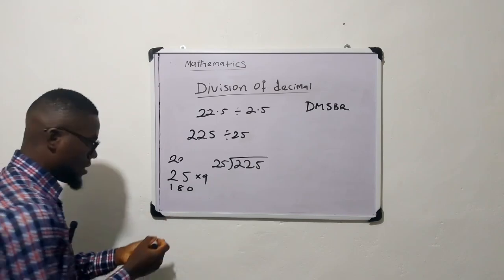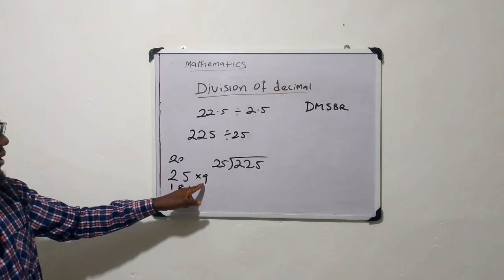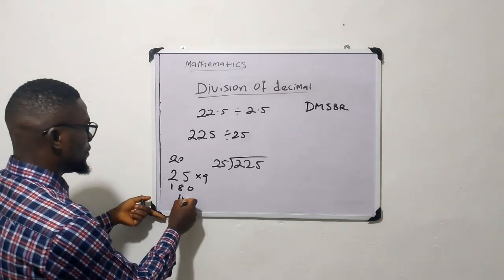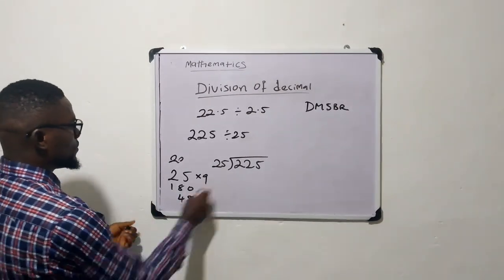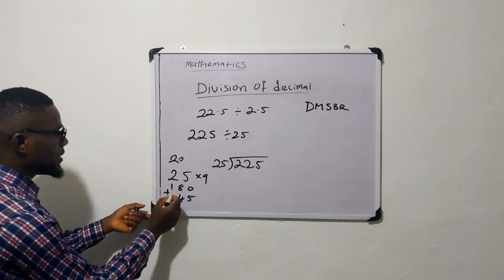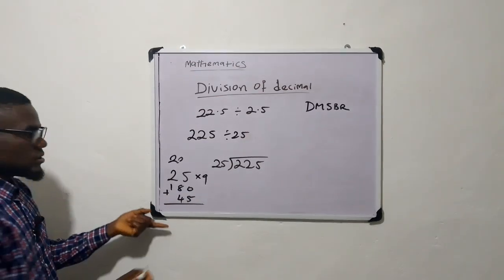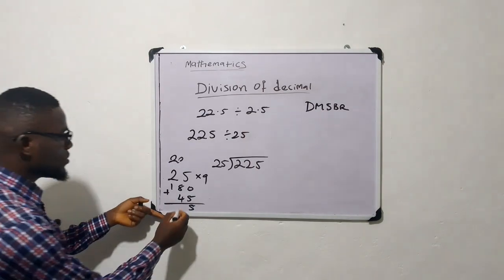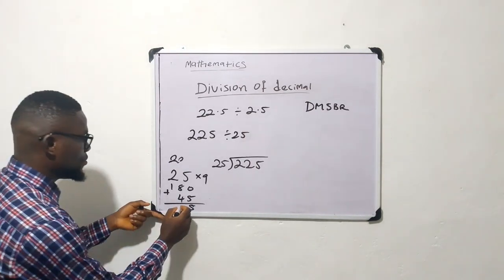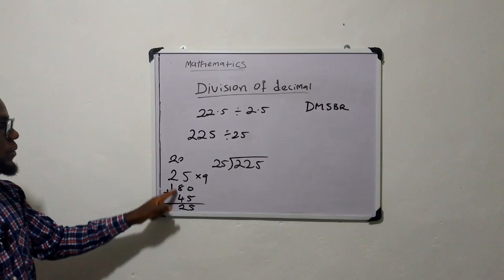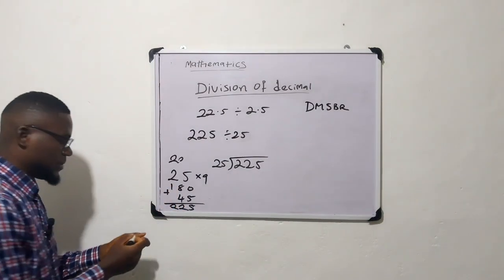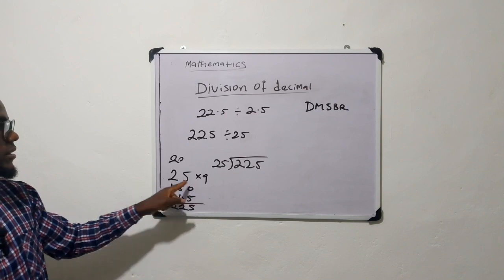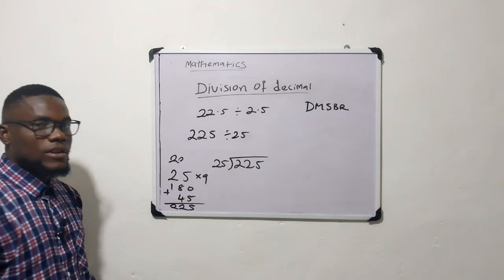And when you multiply 5 by 9, you're going to have 45. Then just add them. 0 plus 5 is just 5. 4 plus 8 plus 4 is just 12, but you write the ones digit, the 2, here, and carry the 1, so it becomes 225. So we can see that when you multiply 25 by 9, you're going to have 225. As simple as that.